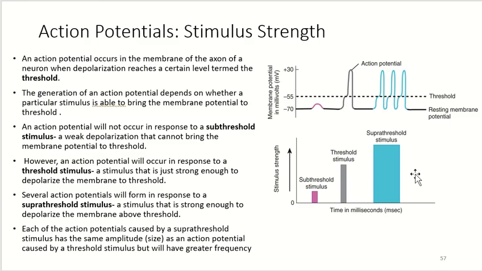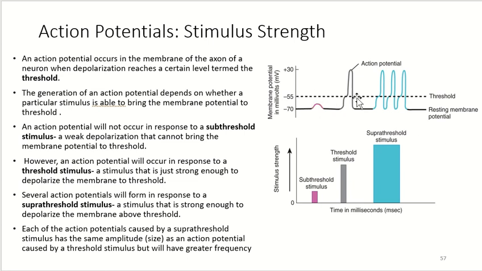So let's look at how stimulus strength impacts the formation of an action potential, and how that compares to a graded potential. An action potential is going to occur in the membrane of an axon of a neuron when depolarization reaches a certain level, and this level is called threshold, right?